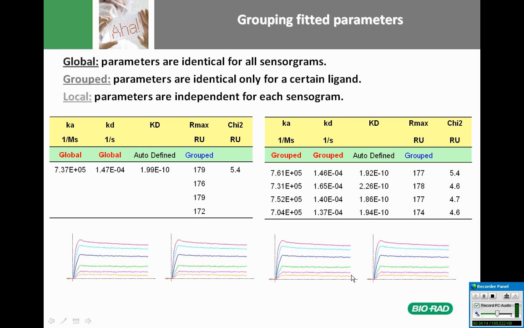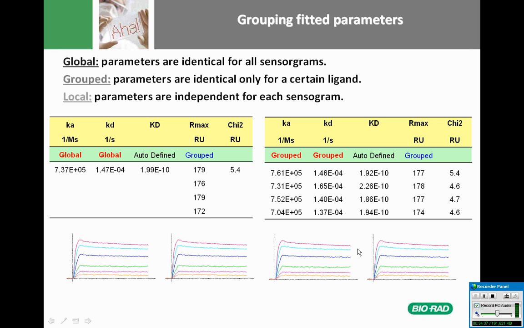And this will be used, of course, when you have different ligands, like different mutants. If you have 5 or 6 different mutants immobilized on the chip that interact with one analyte injection with 6 analyte concentrations, each ligand surface will have its own Ka and Kd. So you can tell the software, find me a grouped Ka and Kd.